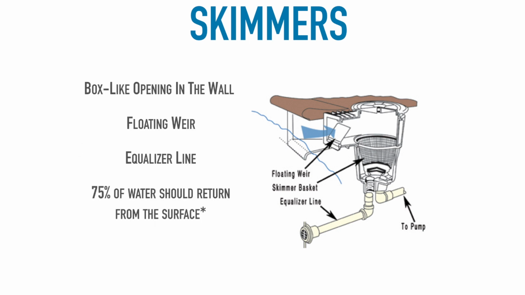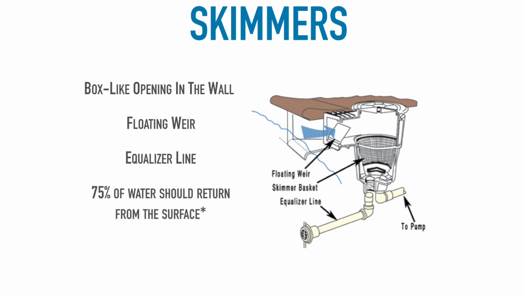Now, a couple of things that you're going to see on the slide itself, there's a marking that says the floating weir door. That floating weir is a little flappy door, and our goal is to keep our water level about halfway between the tiles of our swimming pools. That way, that water can flow inside of the skimmer itself and run past the weir door.